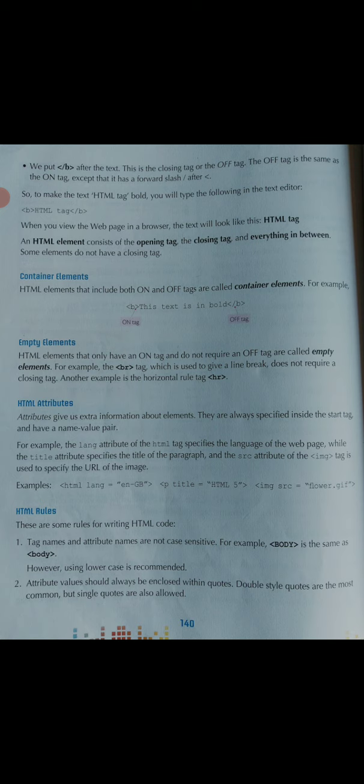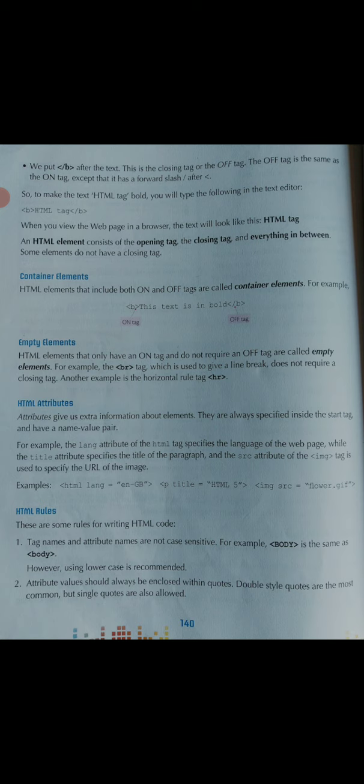So in the code, each one has its own specified function. As I said, lang is about your language, the particular language that you want to use in your web page.